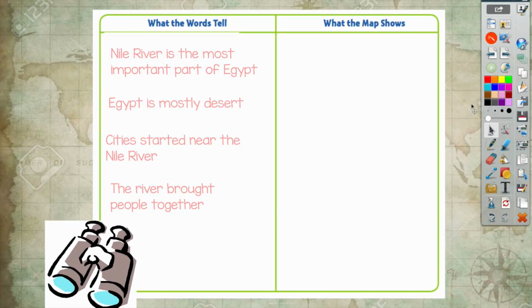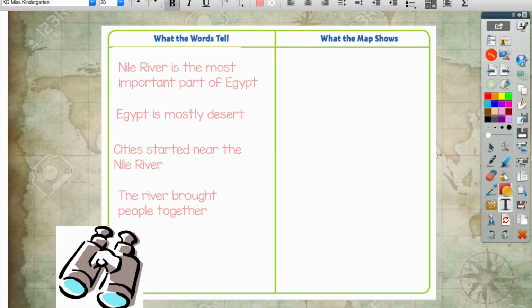Great work. Now that we've done the word section, let's move on to what the map showed us. We had lots of things that the map showed us, so let's write all that good information down. One thing that the map showed us is where the Nile River is located.